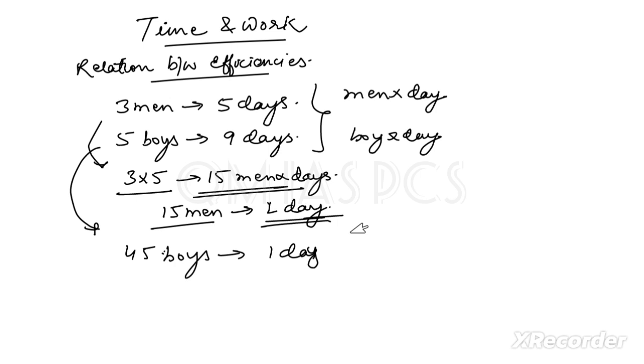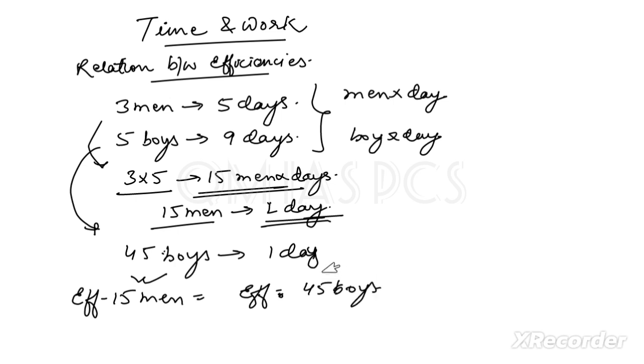Is it clear? What I am trying to say is, if 15 men can do the same work that 45 boys can do, then we can correlate that the efficiency of 15 men is equal to the efficiency of 45 boys. Solving this, it will be 1 and 3: the efficiency of 1 man is equal to the efficiency of 3 boys.